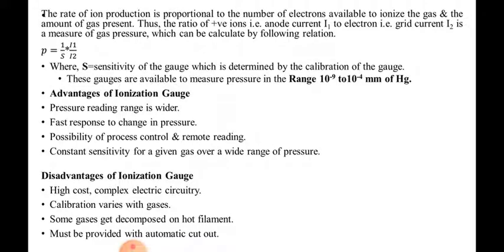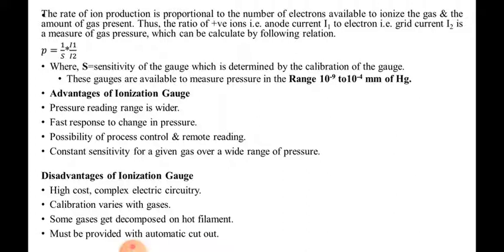The rate of ion production is proportional to the number of electrons available to ionize the gas and the amount of gas present. Thus, the ratio of positive ion current, that is anode current I1, to the electron current, that is grid current I2, is a measure of gas pressure.